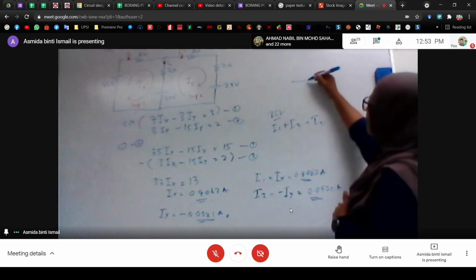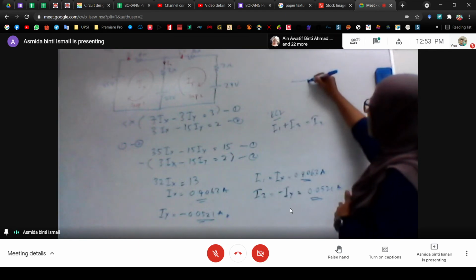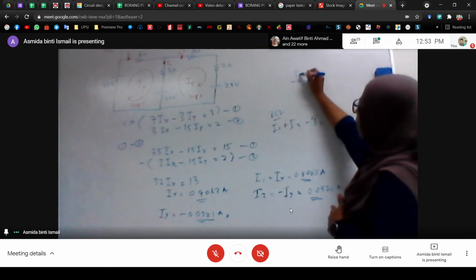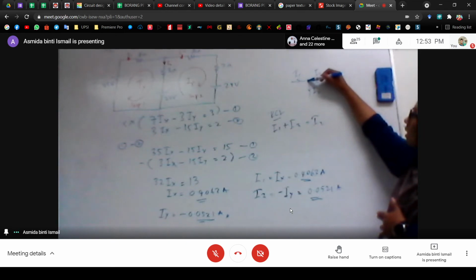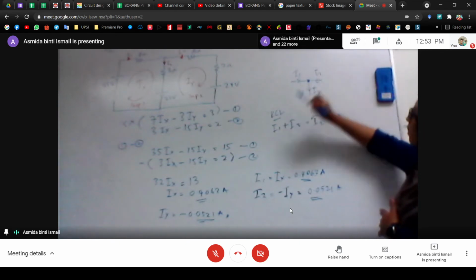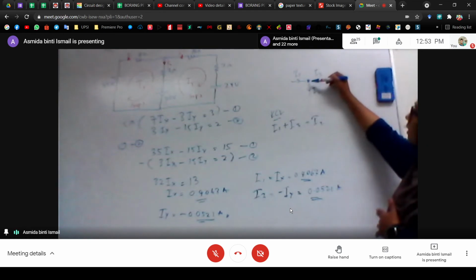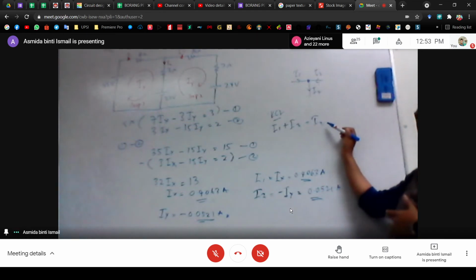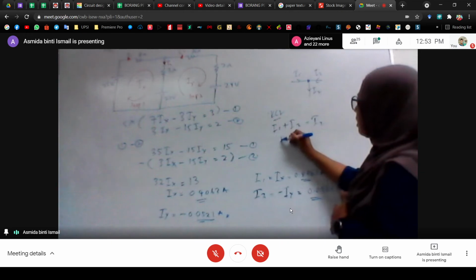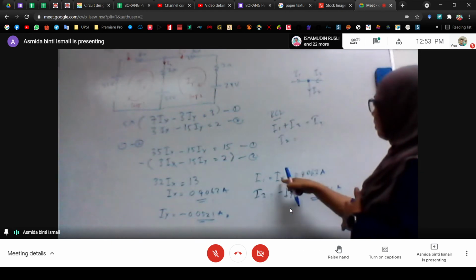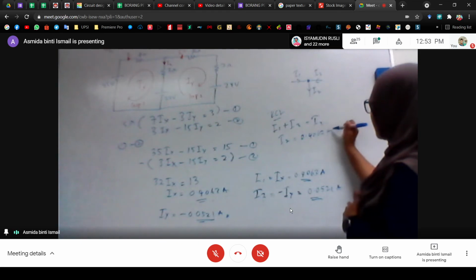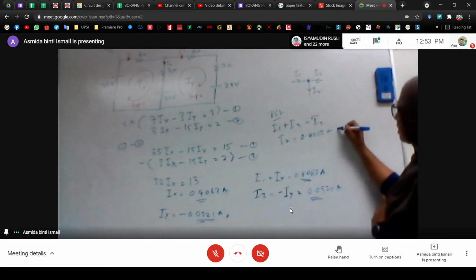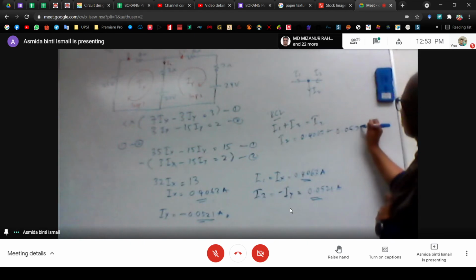If you look at this junction, this is I3, this is I1, and this is I2. So the current entering the node is I1 and I3, so I1 plus I3. The current leaving the node is I2. So your I2 is equal to your I1, 0.4063, plus I3, 0.05.